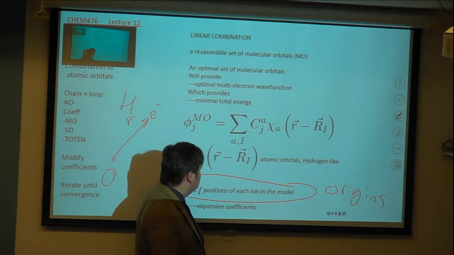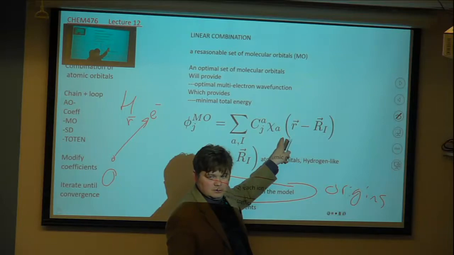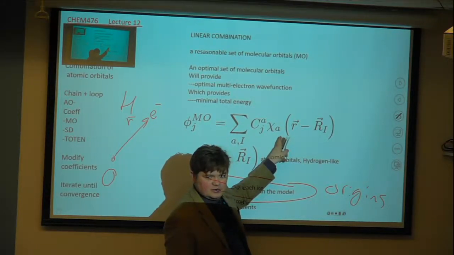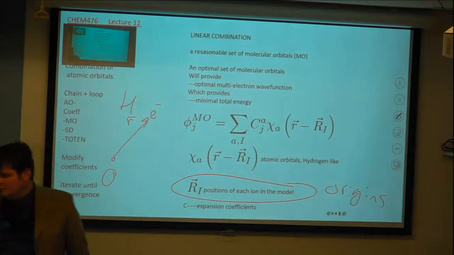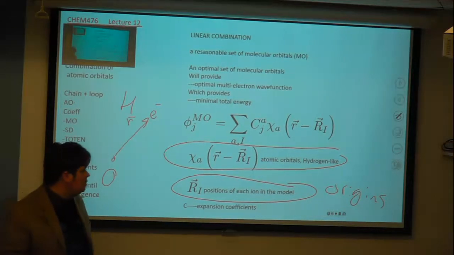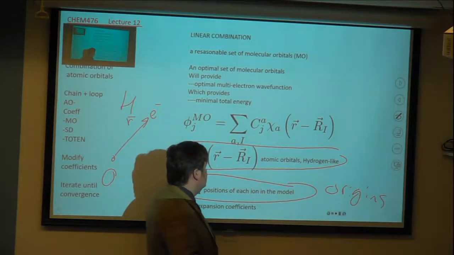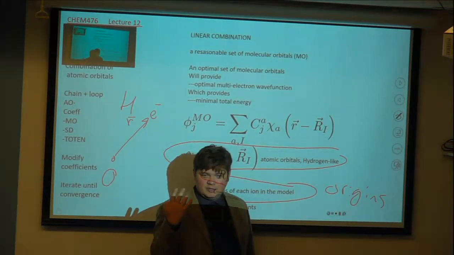Which letter would give us the index of atomic orbitals? This strange Greek chi. I was just trying to go along with several textbooks. So this is chi sub A, atomic orbitals. Okay? You know that atomic orbitals have 4 indices: principal, orbital, magnetic, and spin.